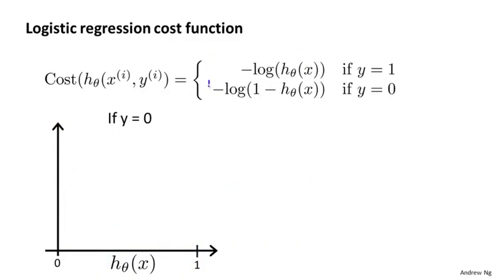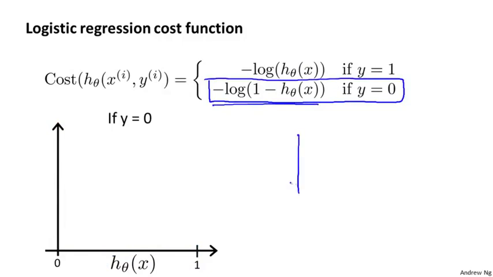If y is equal to 0, then the cost looks like this expression over here. And if you plot the function minus log 1 minus z, what you get is that the cost function actually looks like this. So it goes from 0 to 1, kind of like that.